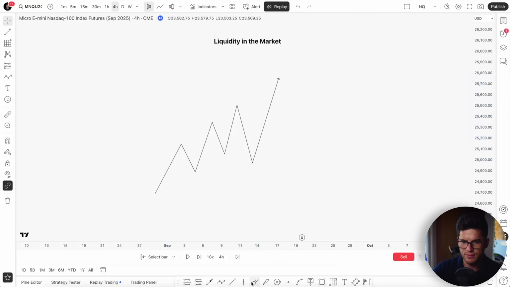And it's at these levels where we want to really identify our entry model on a lower time frame, because this is where stop losses have been ran and there has been fuel added to the overall direction of the trend, and price action is going to be very impulsive once liquidity has been taken.